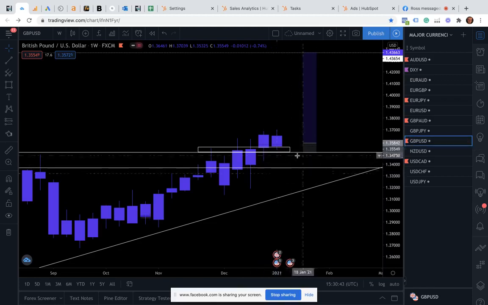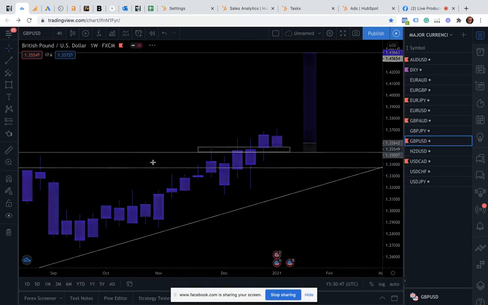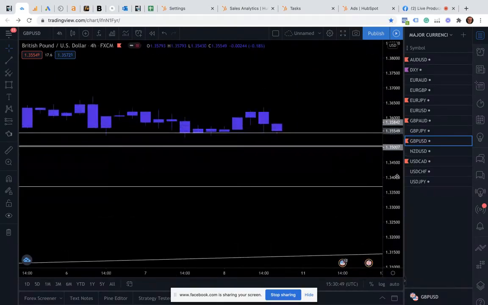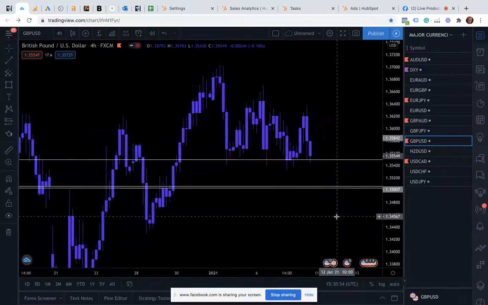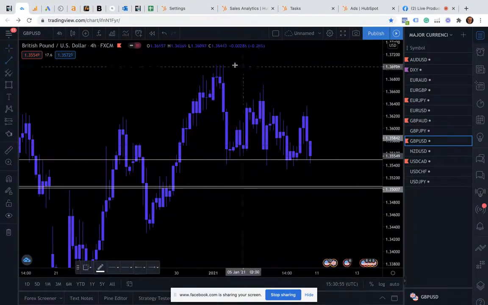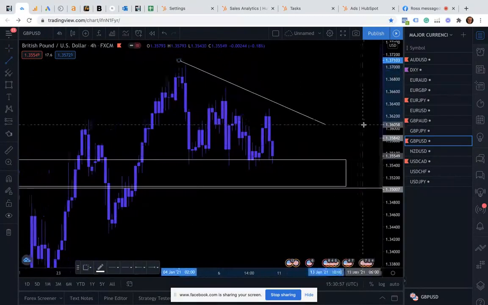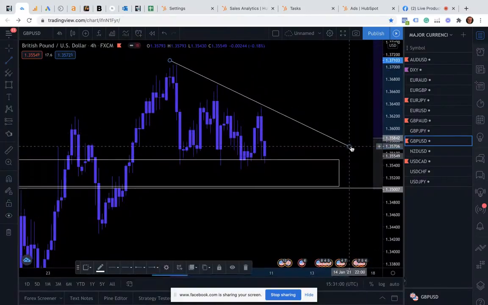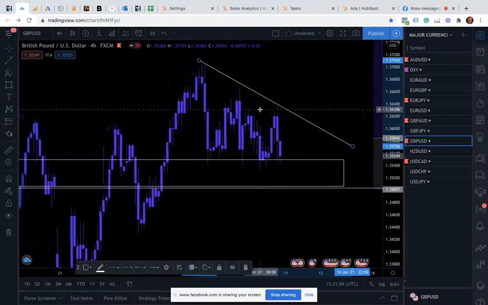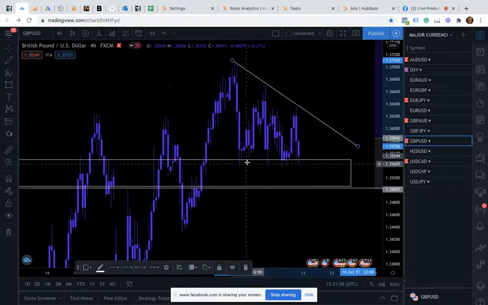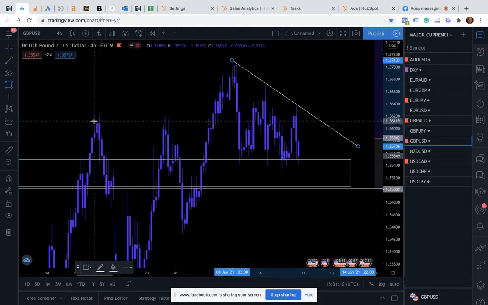The fact that we've pushed through this really high impact zone, and then if we go down to the 4 hour, we could see that it's been respected and that we are potentially going to have a nice run up. So I'd probably wait for a break of this just to be safe, and then I could see here, look at this, is another little zone that we might want to be paying attention to just across here.